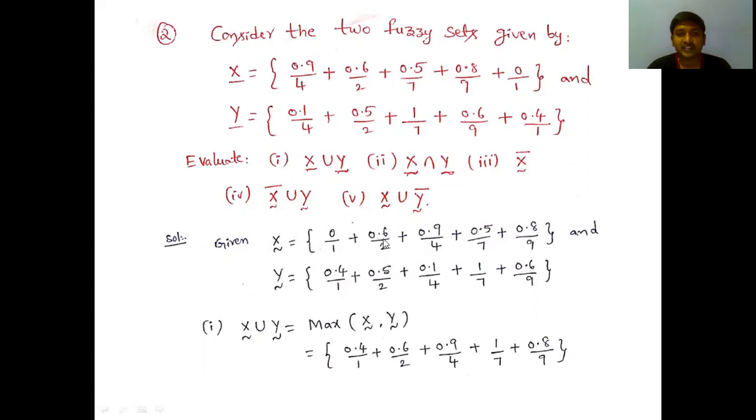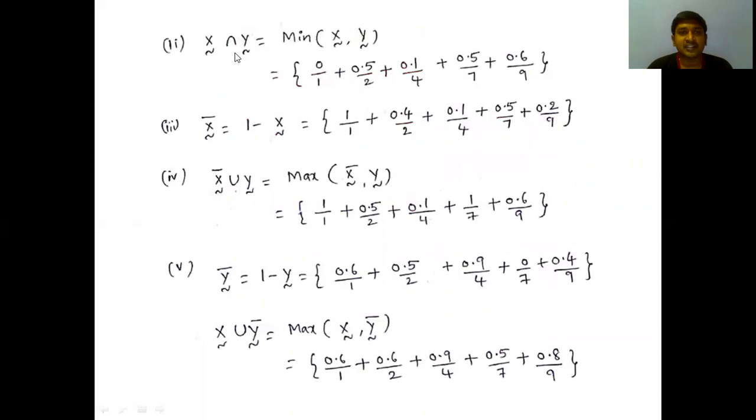Similarly 0.6, 0.5. Maximum value is 0.6. 0.9, 0.1. Maximum value is 0.9. 0.5, 1. Maximum value is 1. 0.8, 0.6. Maximum value is 0.8. So the union operation between fuzzy x and y, it is the answer.